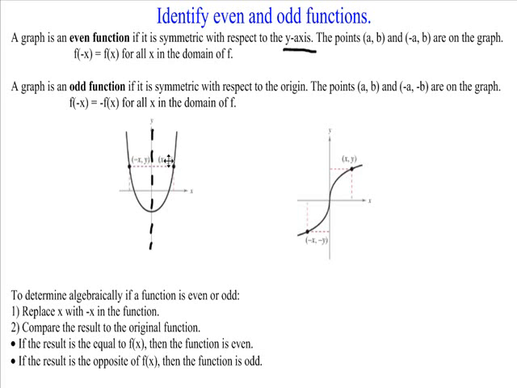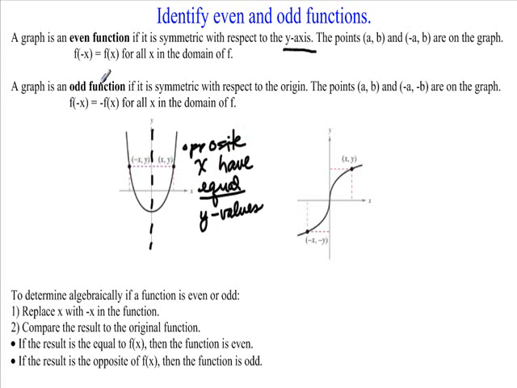So what that is saying is that opposite x values have the same or equal y values. So if opposite x have equal y, then the graph is even.